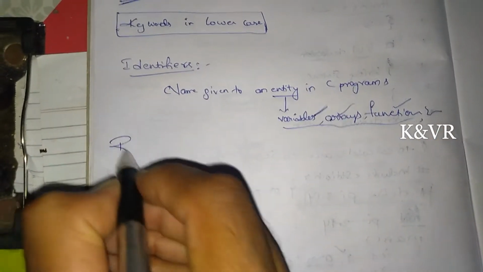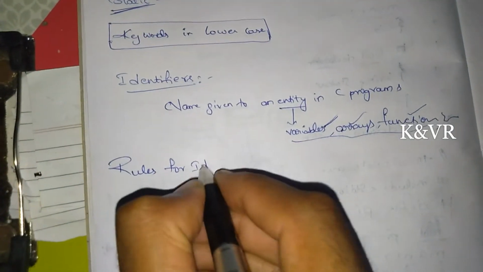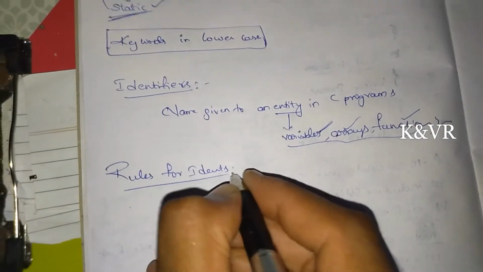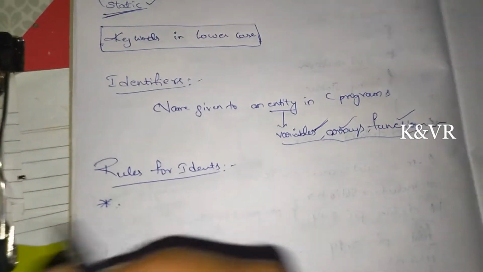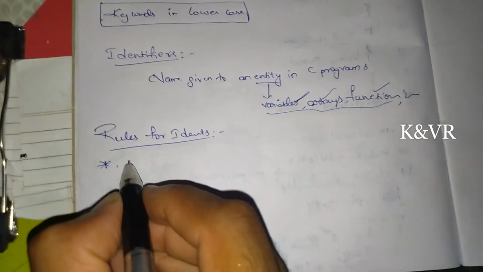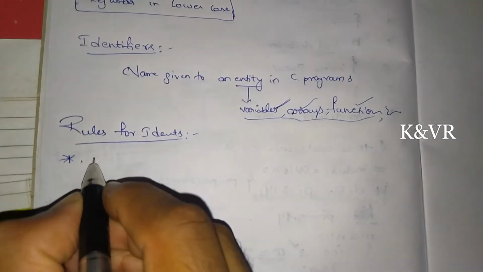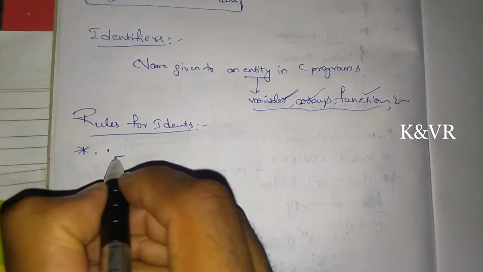We have some rules for identifiers. The first rule: the first character of an identifier must be an alphabet, or it can start with an underscore.